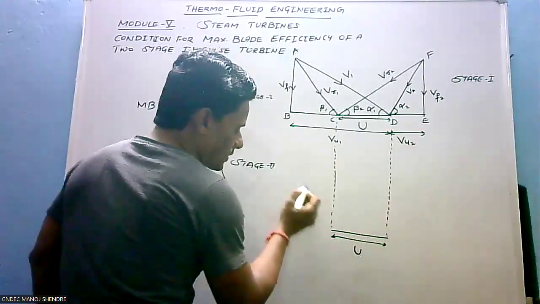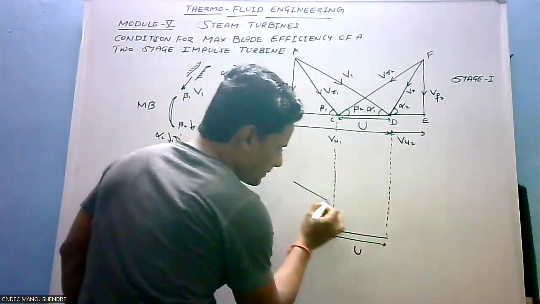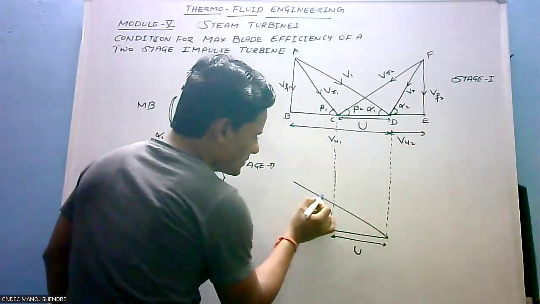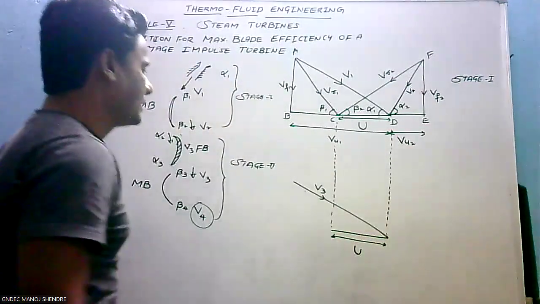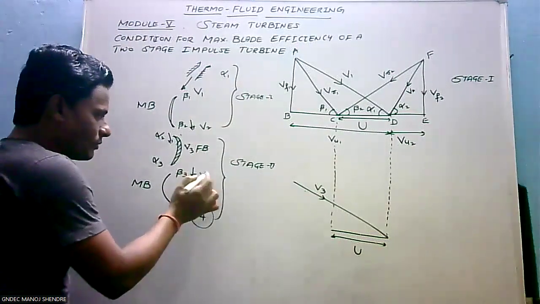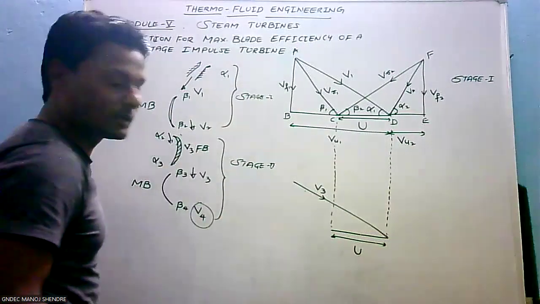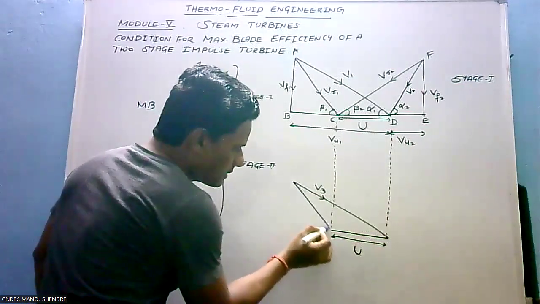Now for the second stage, it enters with the velocity V3. In the second stage of moving blades, the V3 remains the same. Now it has two components.